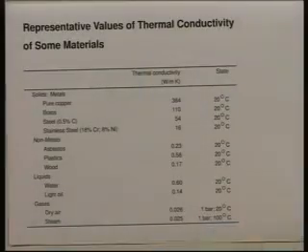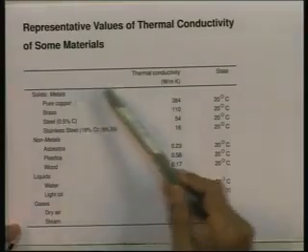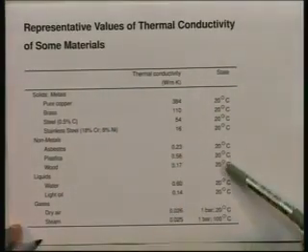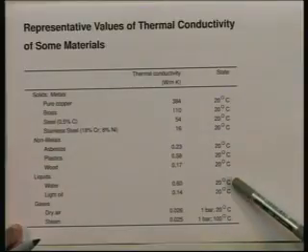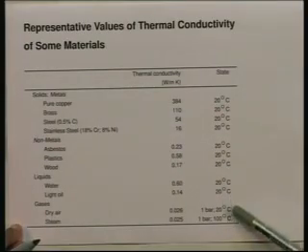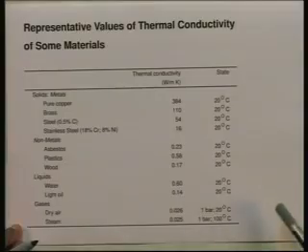Now, it is useful to have some feel for the values of k that we encounter for different materials. And I want you to look at this table in order to get that feel. What I have done here is, I have listed the value of k first for solids, then for 2 liquids, then for 2 gases and vapors.